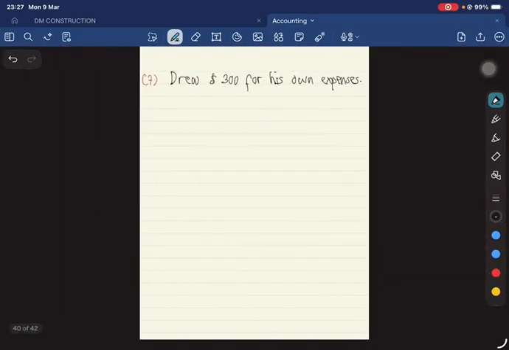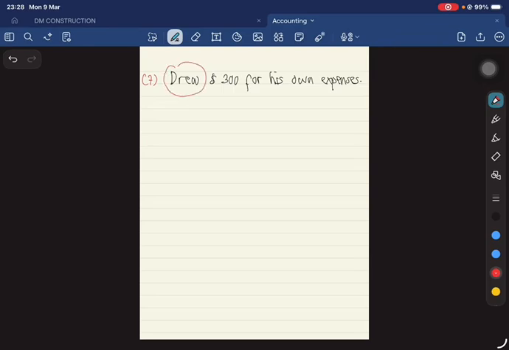Now let's go to question 7. It says drew $300 for his own expenses. So Douglas drew $300 for his own expenses. So now let's try to identify the accounts involved.